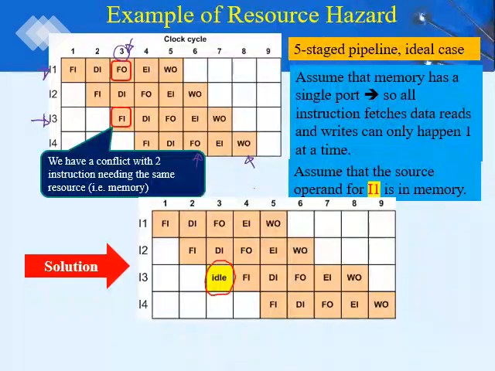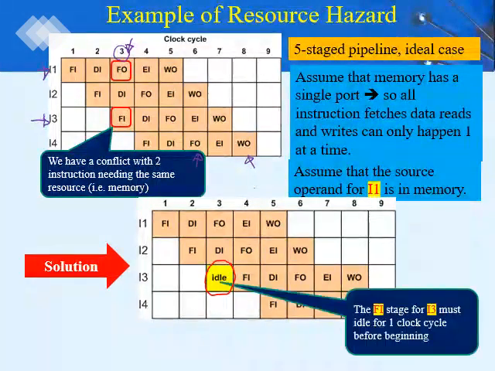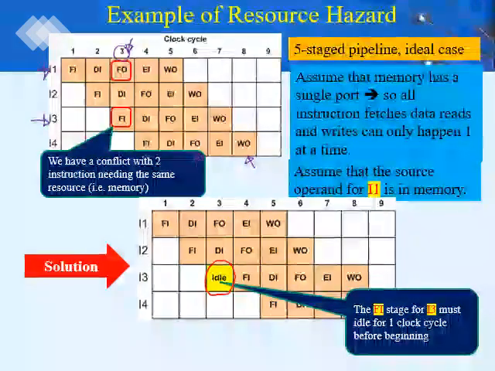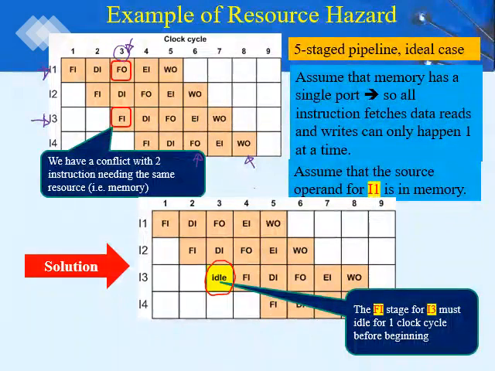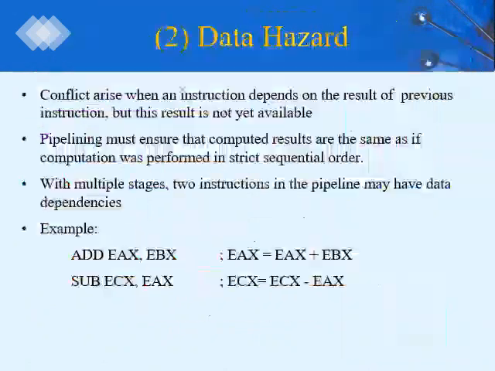So the fetch instruction stage of the pipeline must idle for 1 cycle for I3 before beginning the instruction fetch for instruction I3. This figure also assumes that all other operands are in register. So no other conflict except between I1 and I3 trying to use the memory, one for fetch operand and one for fetch instruction. So that is an example of a resource hazard.